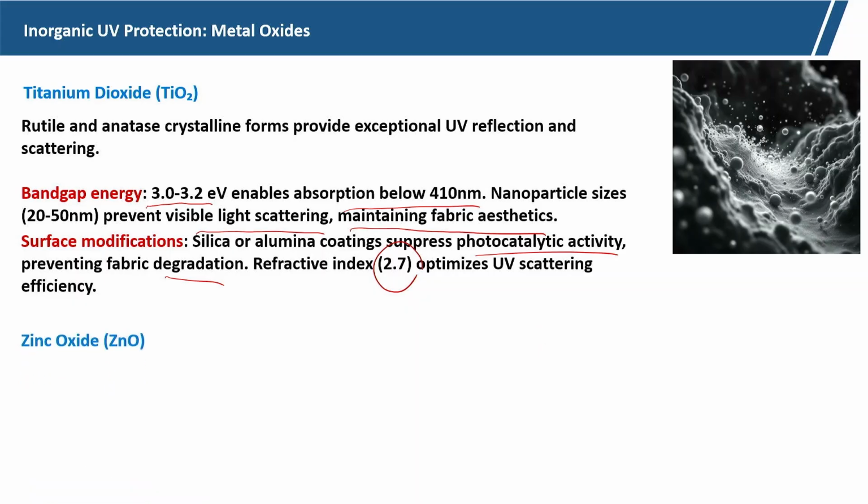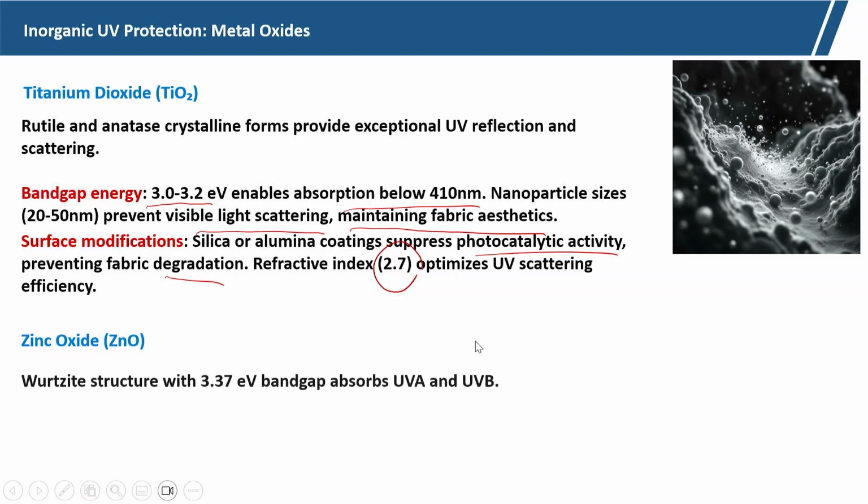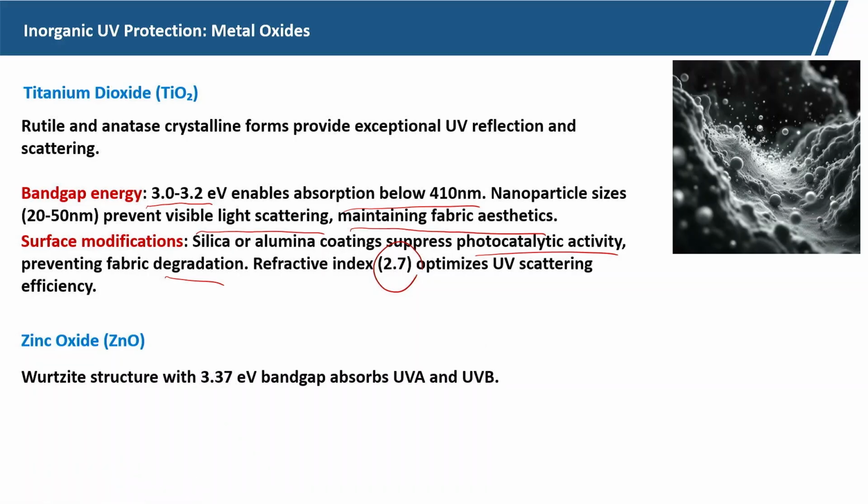Next metal oxide is zinc oxide, which is commonly used, and its band gap energy is 3.37 electron volt, which absorbs the UVA and UVB ranges.